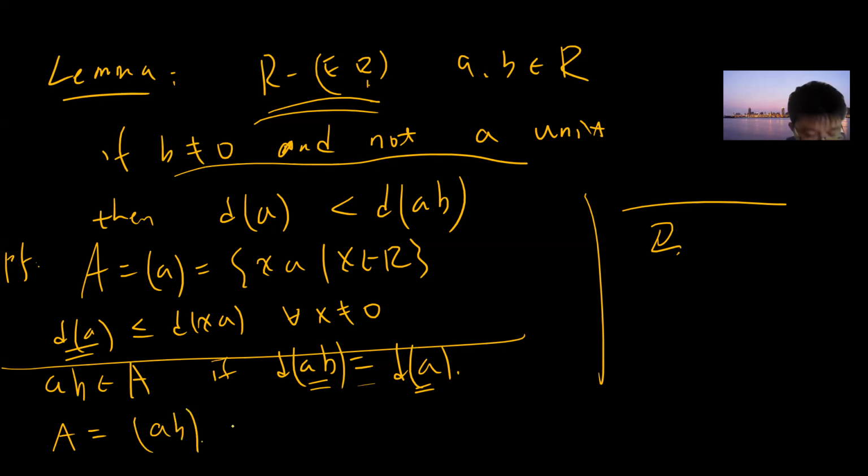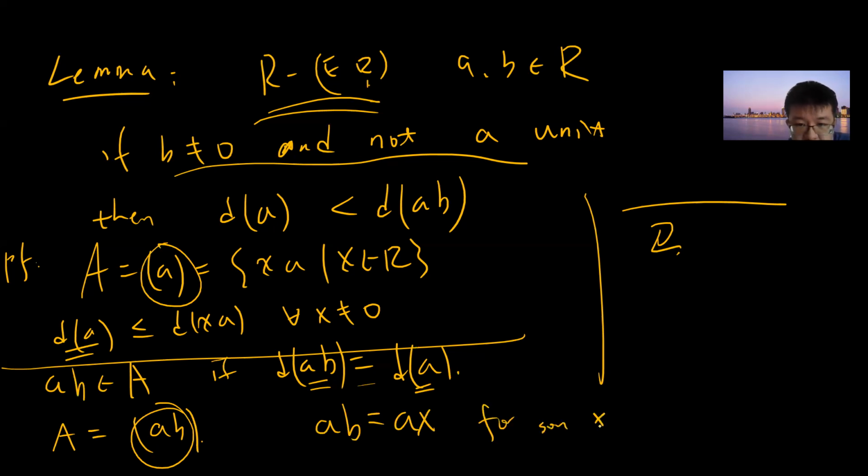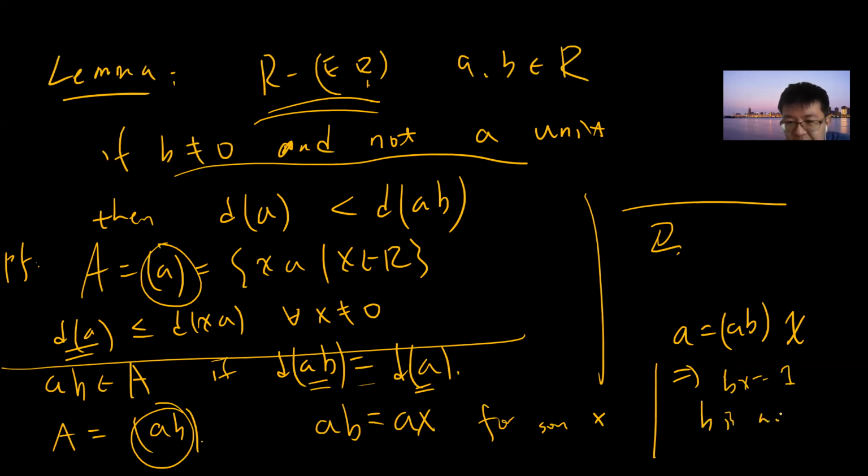But if A is generated by AB and also generated by A, then AB must be AX for some X. Or, written in the other direction, A is a multiple of AB. So you can take the integral domain property, because by definition a Euclidean domain must be integral, so BX must be 1. Okay, so B is a unit. What I'm trying to prove is that if you multiply by any number which is non-unit and non-zero, then it must increase.